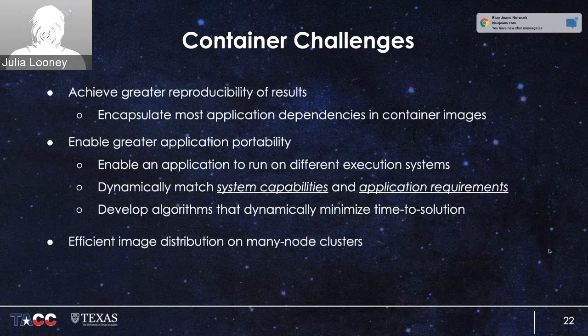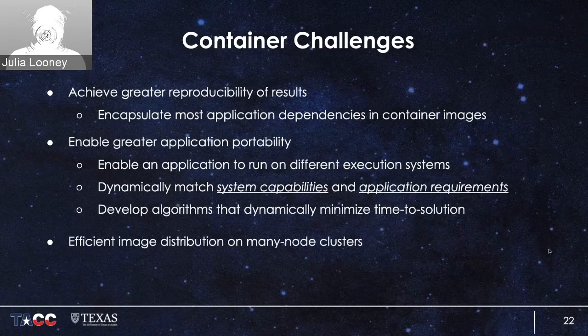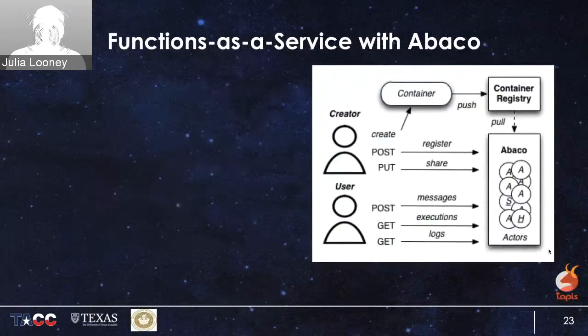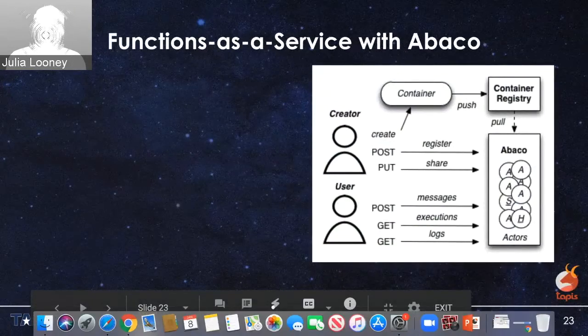And finally, we want to make sure that image distribution on multi-node clusters is efficient. We don't want a lot of data moving around a cluster before we can even start running an application. I think that's it for me. I'll pass this back to Julia.